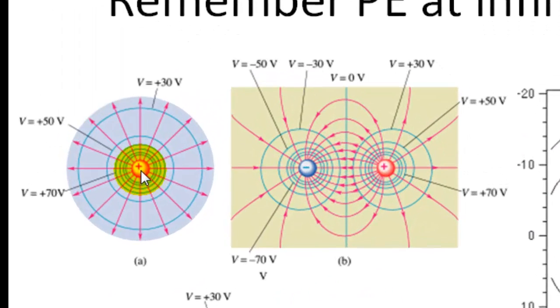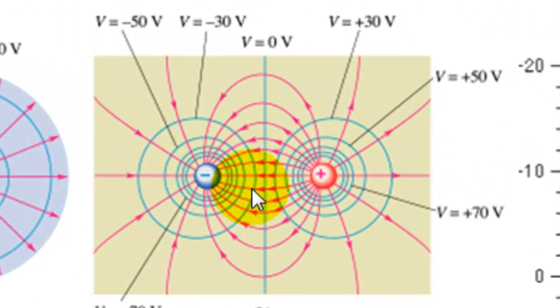This is an interesting one. This is the same as before, but it's paired with a negative charge. Halfway between them, this is always going to be positive. This is always going to be negative, because remember, this is going to be an attractive force. The point in the middle is always going to be 0, provided these are the same charges. So this is 0 volts in the middle here.